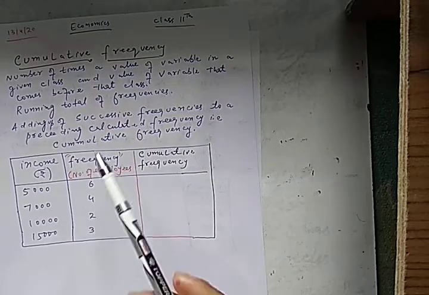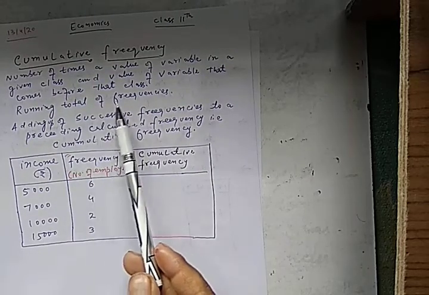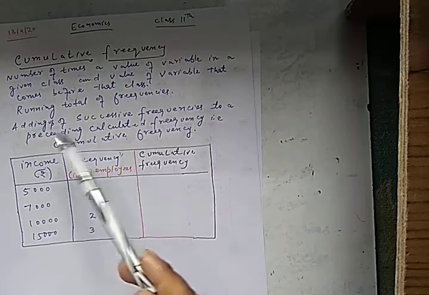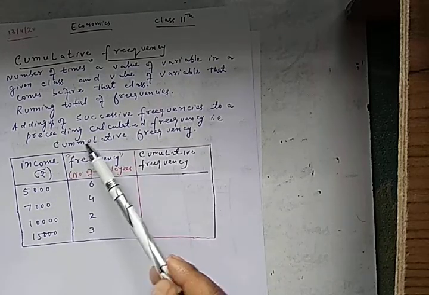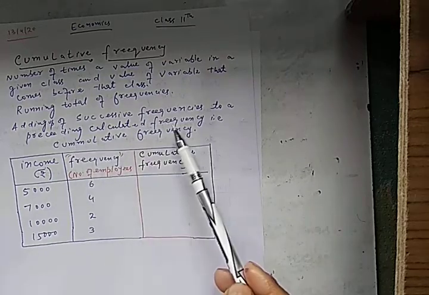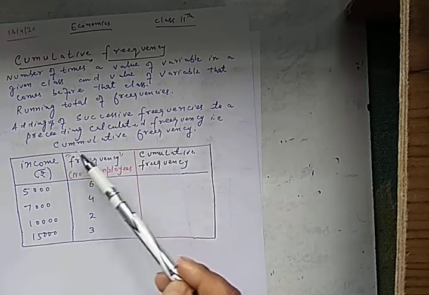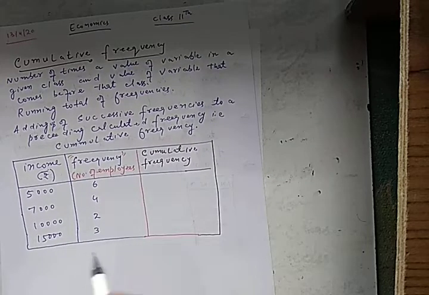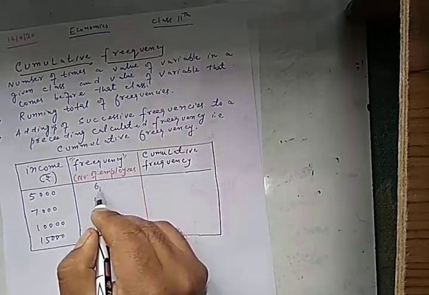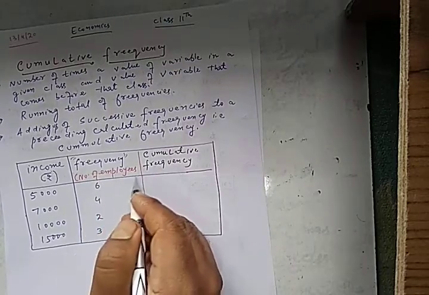In cumulative frequency, I have told you that it is a running total of frequencies, or the adding of successive frequencies to the preceding calculated frequency. Let us derive it here. This is the first value, frequency.